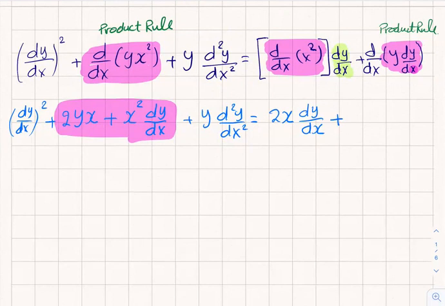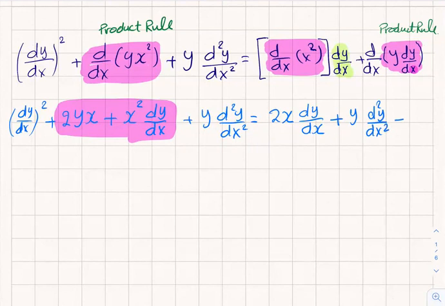So I will do the first times the derivative of the second one. So it's y, and the derivative of the second one, which is already dy/dx, is the second derivative, d squared y over dx squared.